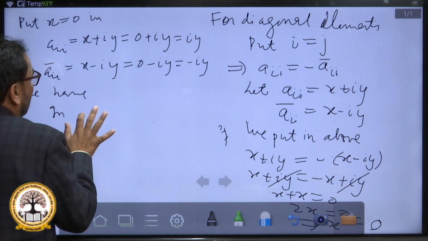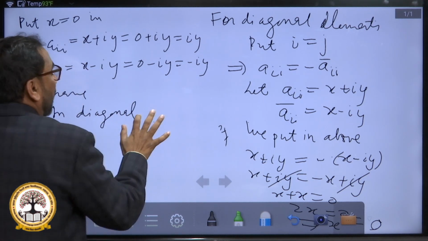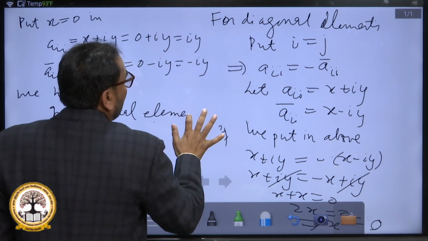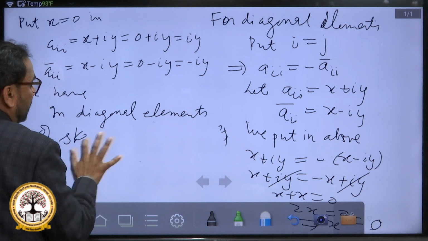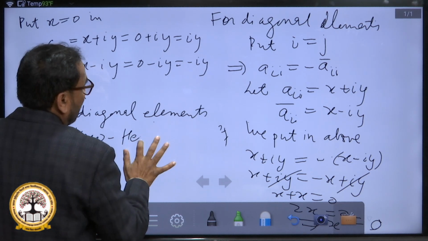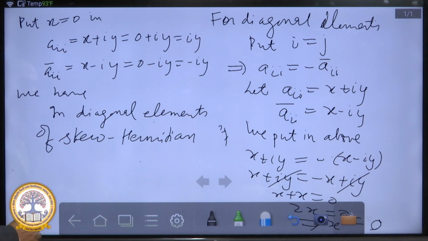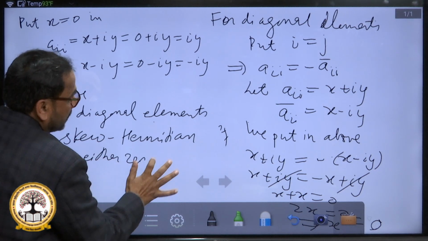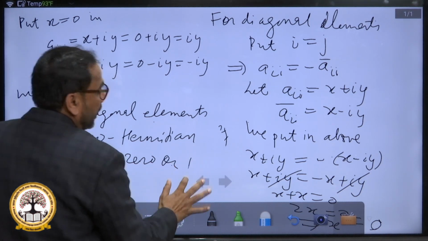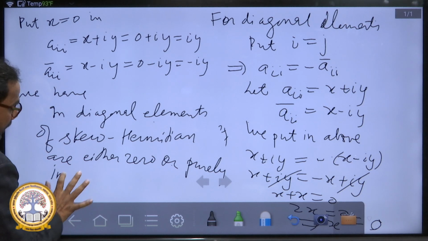So the diagonal elements of a skew Hermitian matrix are either zero or purely imaginary.